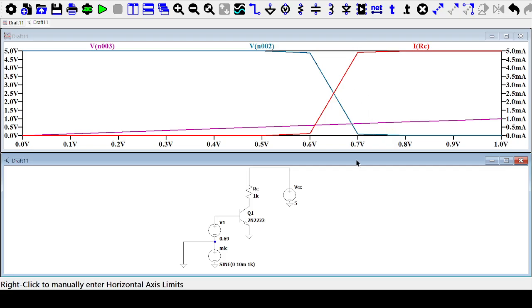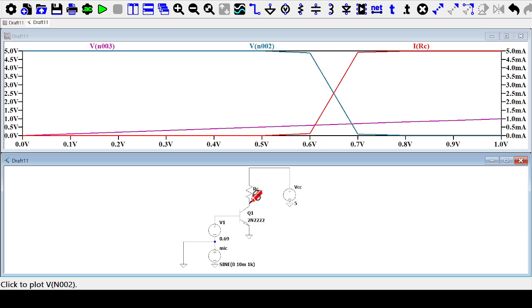Right after this point we move to a region called saturation. Beyond this point, even a further increase in VBE no longer changes anything, because the current flowing has caused the collector voltage to drop below the base voltage.